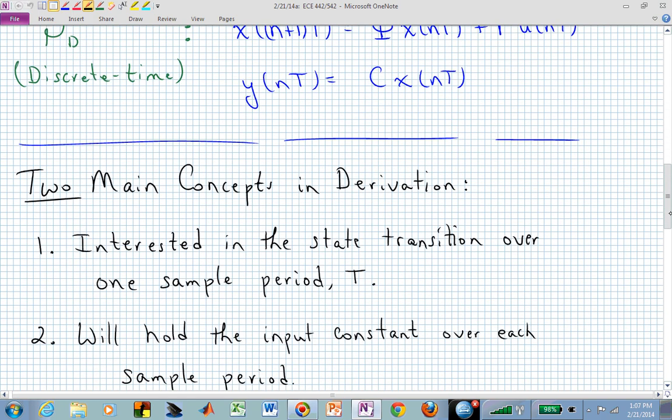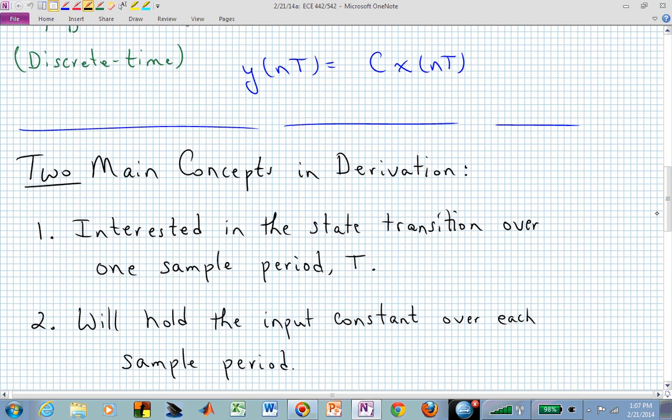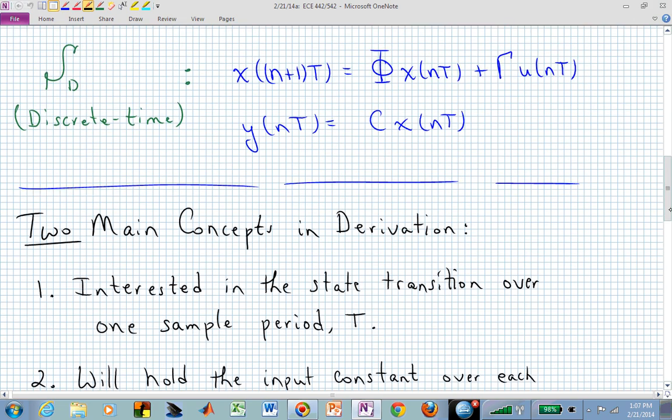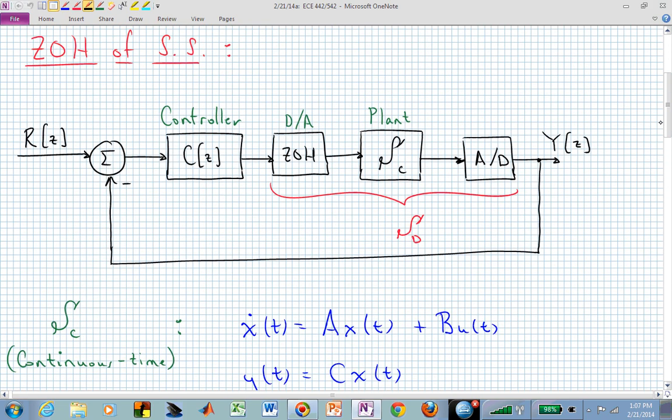The second concept that we will be using in this derivation is that over each of these one sample period intervals, we're going to hold the input constant, and that's really what the block diagram is saying. We inject an input signal, we hold it fixed or constant during that one sample period interval.